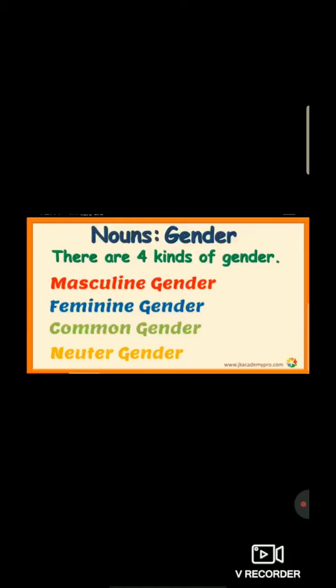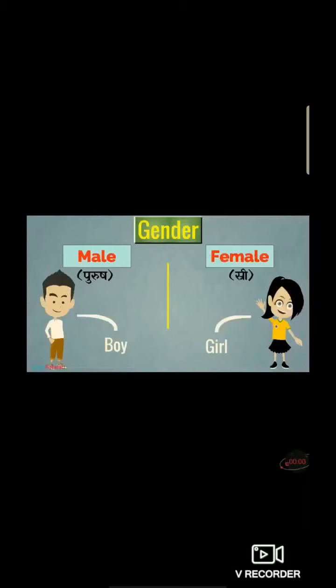So students, everyone understood the meaning of gender, and that there are 4 types of gender. Right students? So students, I am giving an example of gender so that you can first understand what gender is, and then afterward I am going to explain the types of gender with examples.